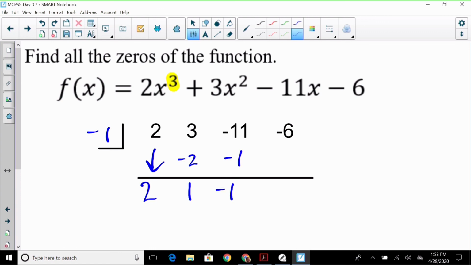Let's add them. Negative 12 times negative 1 is 12. This is not 0. So we go through the list of all of our rational root possibilities to determine what the zeros are. Keep in mind, there are 3 possibilities, and there are 3.